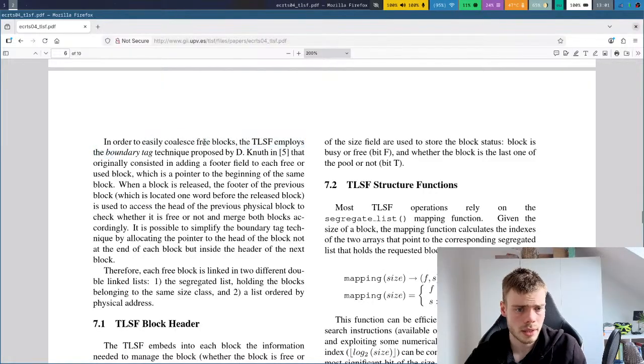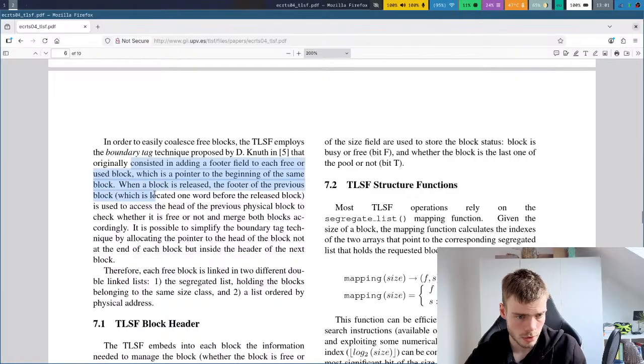In order to easily coalesce free blocks, the TLSF employs the boundary tag, which originally consisted in adding a footer to each block, pointing to the beginning of the same block.